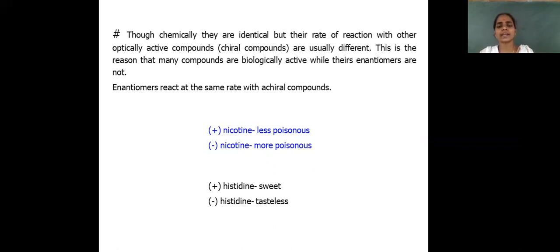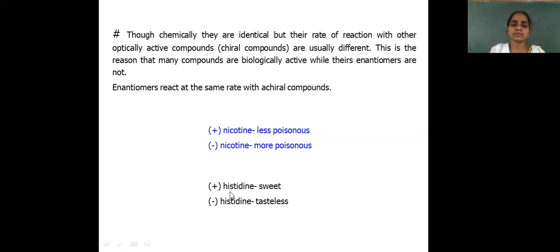Not only a chiral carbon, some enantiomers also consist of an achiral carbon. Chiral means consisting of four different groups; achiral is not with four, it may be two or three. Some examples are nicotine: plus nicotine is less poisonous and negative nicotine is more poisonous.